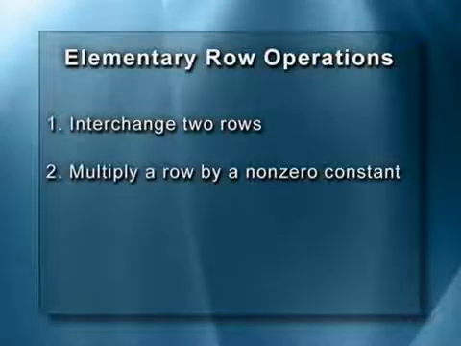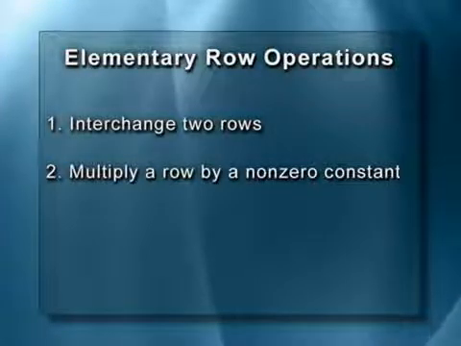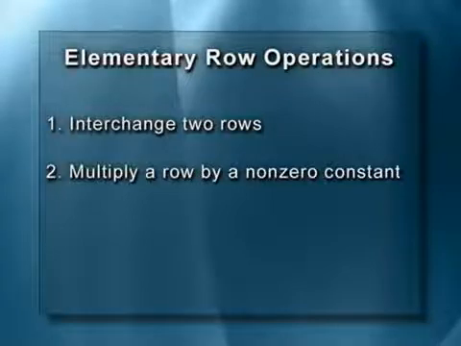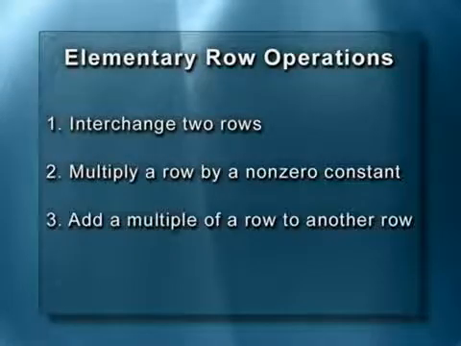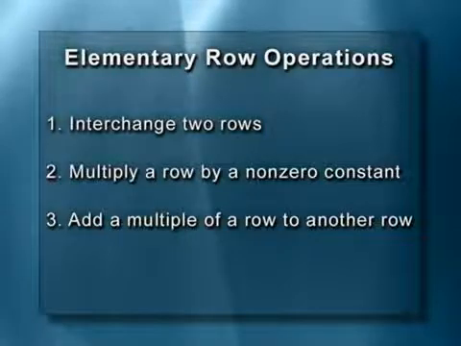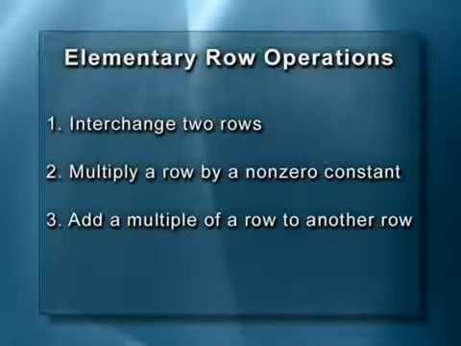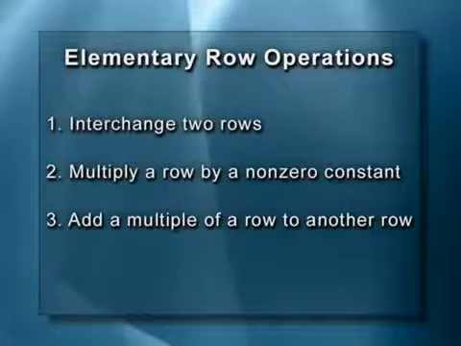You can also multiply a row by a non-zero constant. For instance, you might want to divide both sides by 7, and that's a legal operation. But the most important operation, the one that is most complicated, is adding a multiple of one row to another row. But those 3 steps are the heart of what we call Gaussian elimination.